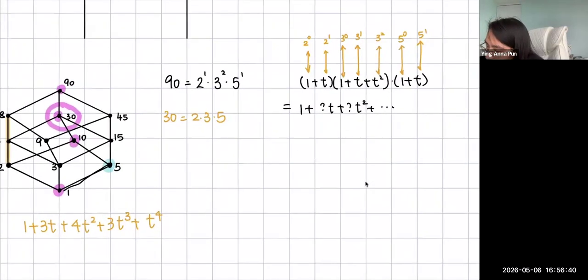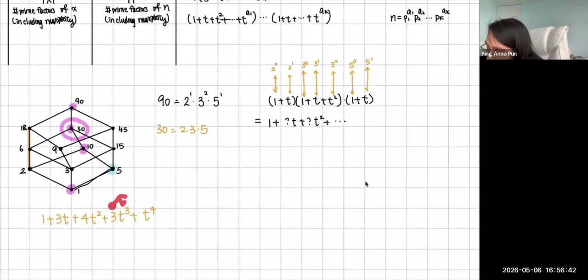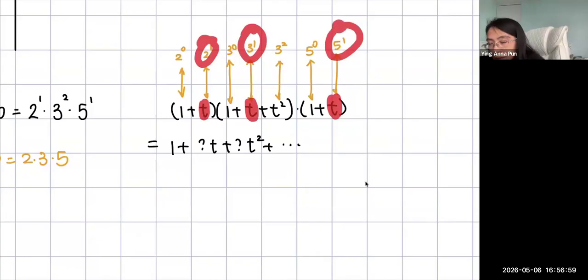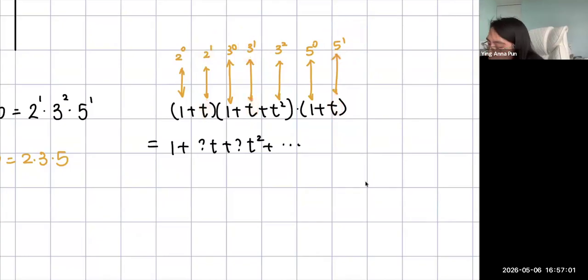How am I going to see that? It's the same as thinking about how, when you multiply this out, I get t cubed. You can get t cubed by t times t times t, which is 2 to the power 1, 3 to the power 1, and 5 to the power 1. That's exactly our 30. Or you can make a t cubed by t squared times t times 1.